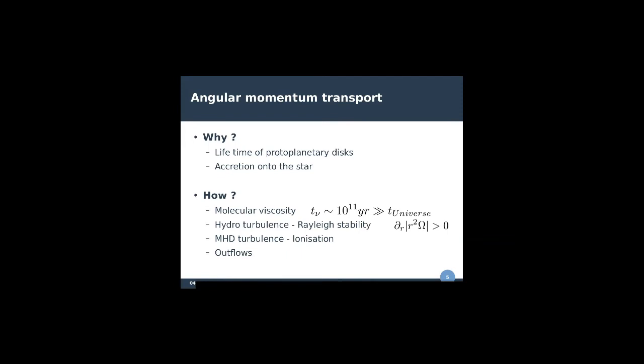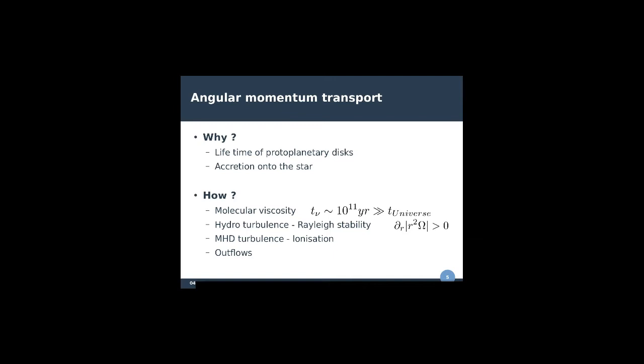And other possibilities are hydroturbulence, MHD turbulence, but also outflows. So hydroturbulence was a lot studied initially because, as I said, the Reynolds number is very high, but we have to fight against the stability effect of Keplerian rotation and shear to find a path to turbulence.